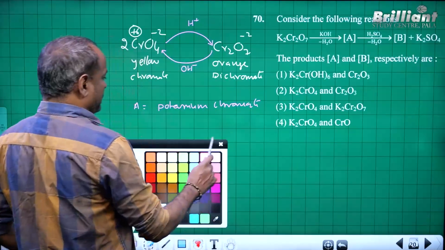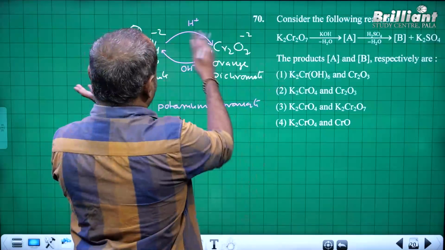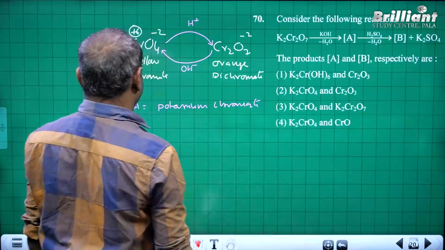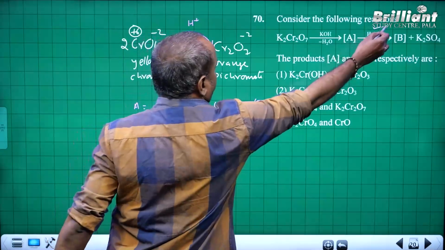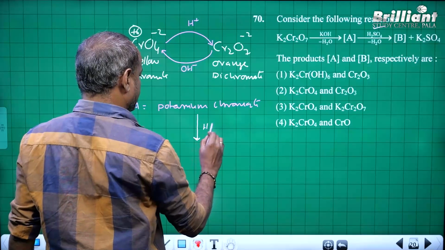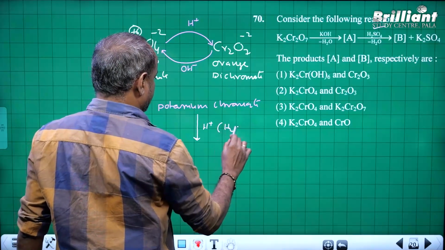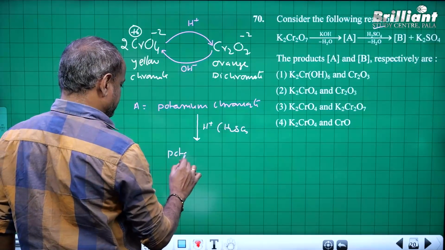A is equal to potassium chromate. Just again reverse conversion only. A, again addition of acidic medium, gives potassium dichromate.